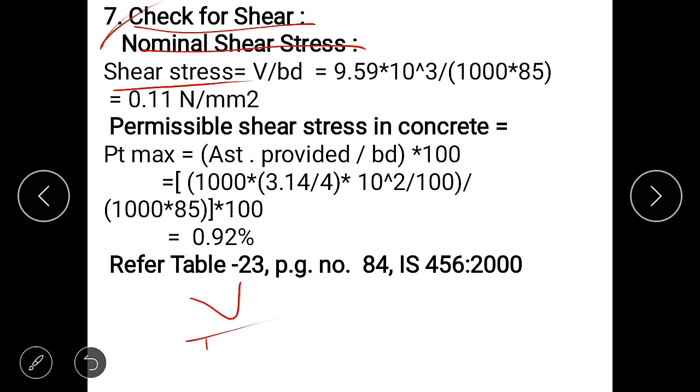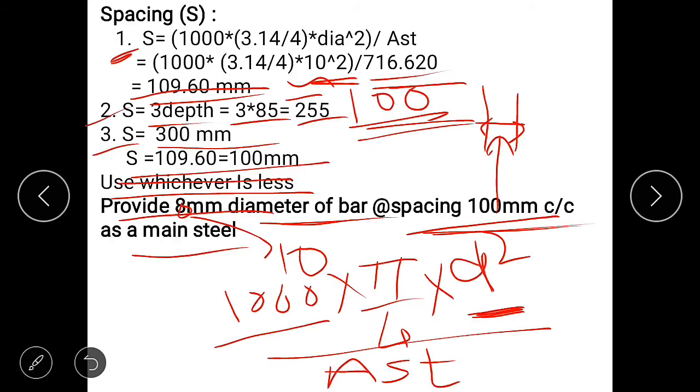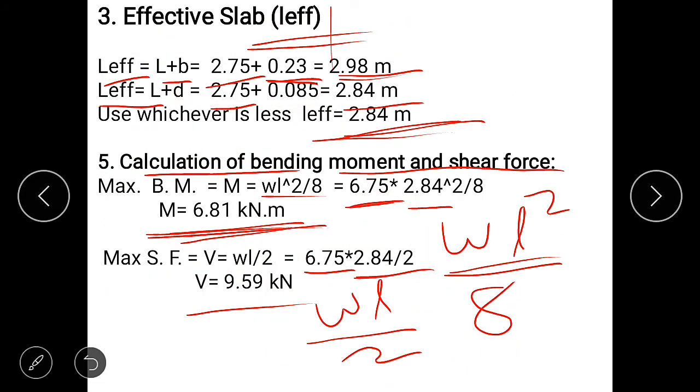How do we calculate V? V means WL by 2. Here we find the answer of V. In the fourth step we found the answer of V is 9.59 kilonewton.